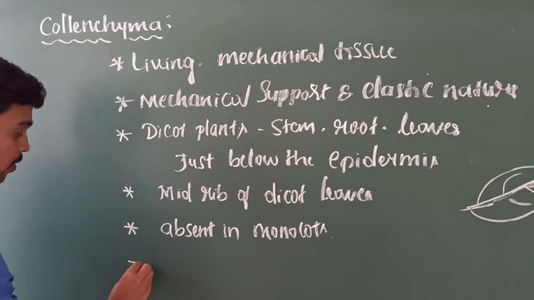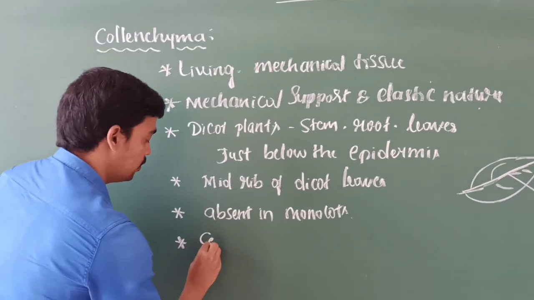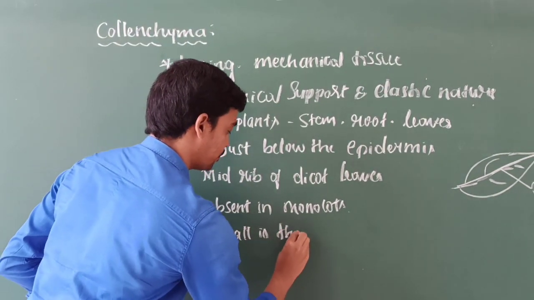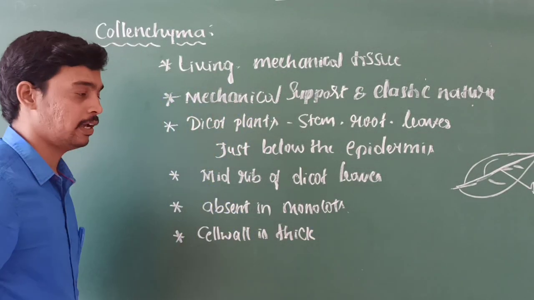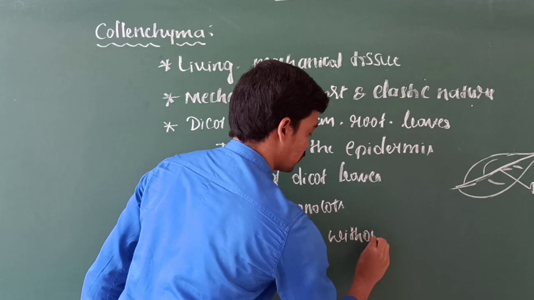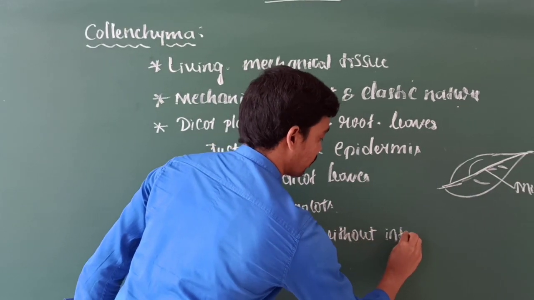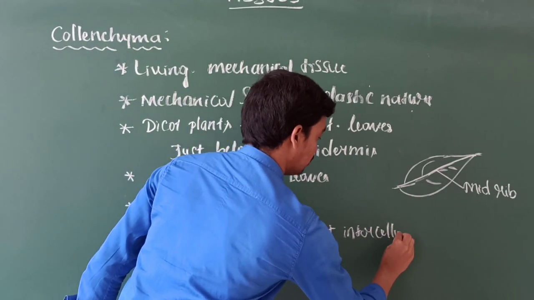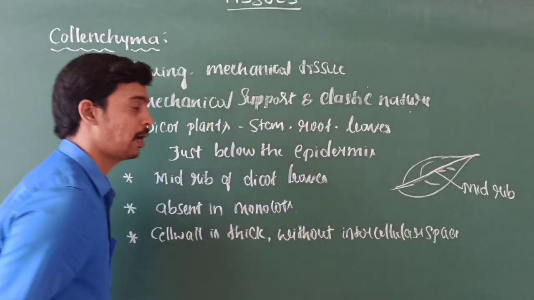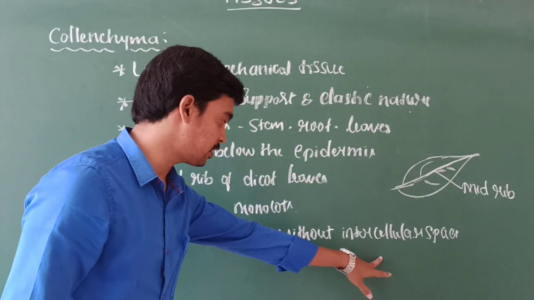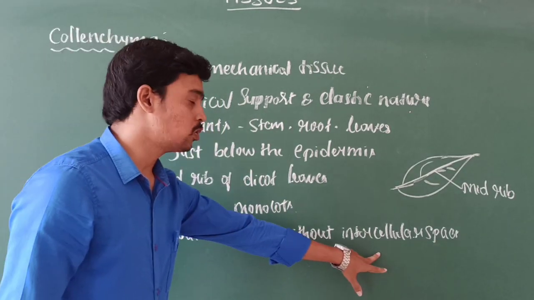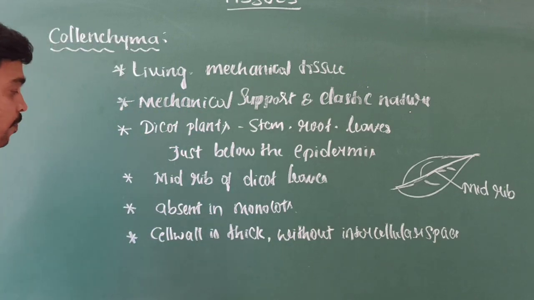Then the cell wall is thick, without intercellular spaces. In parenchyma tissue, intercellular space is present, but here the cell wall becomes thick and there is no intercellular space.